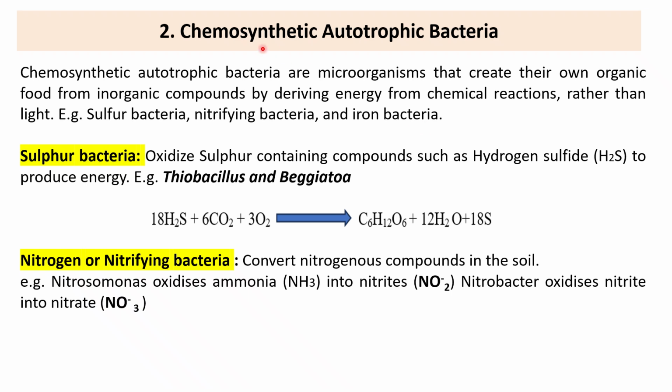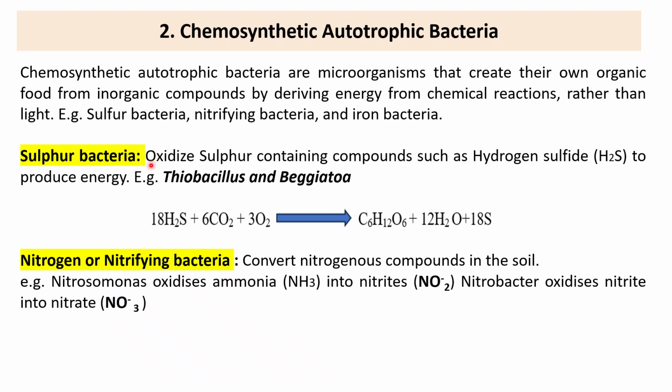Chemosynthetic: chemo means chemical, synthetic means to synthesize, that is, bacteria which utilize energy derived from chemical reactions to obtain their food from inorganic compounds, such as sulfur bacteria and nitrifying bacteria.